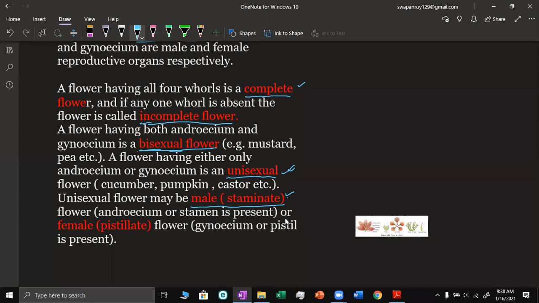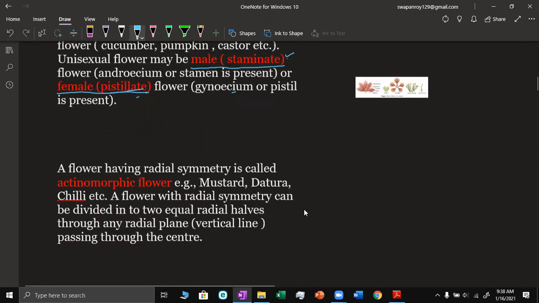Those flowers which are female, having gynoecium only, are also known as female flowers or pistillate flowers. So in the same family, cucumber, pumpkin, castor, squash, there is a female flower, the pistillate flower. So male and female flowers.